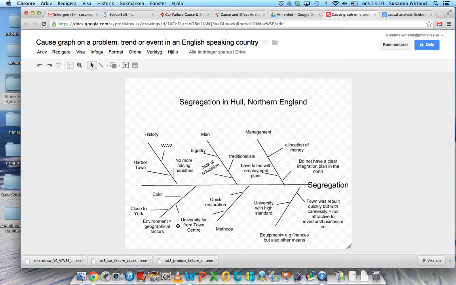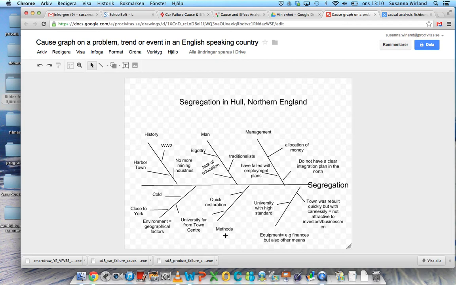There is a university in Hull, but it is far from the town centre, and if some people live close to the university and some people live in the town centre, that distance could be a cause for segregation.